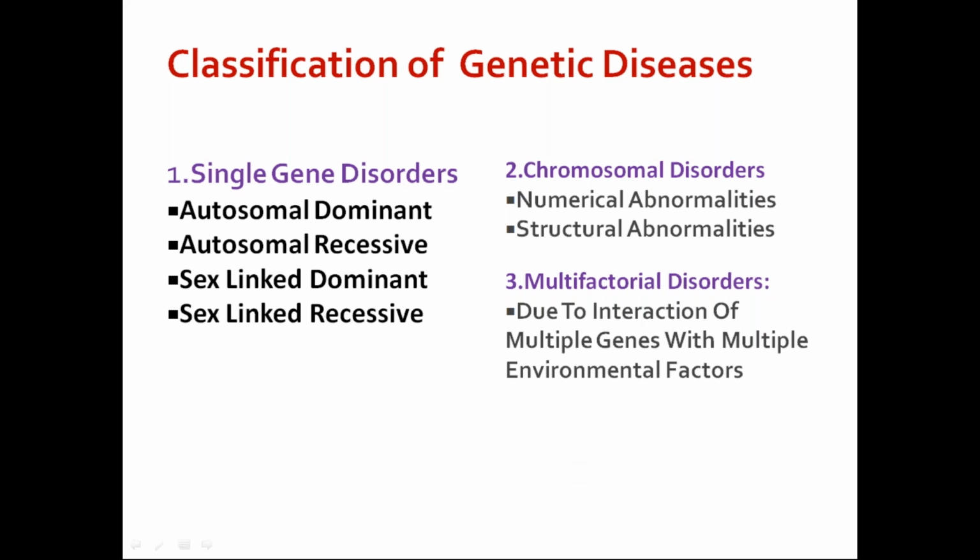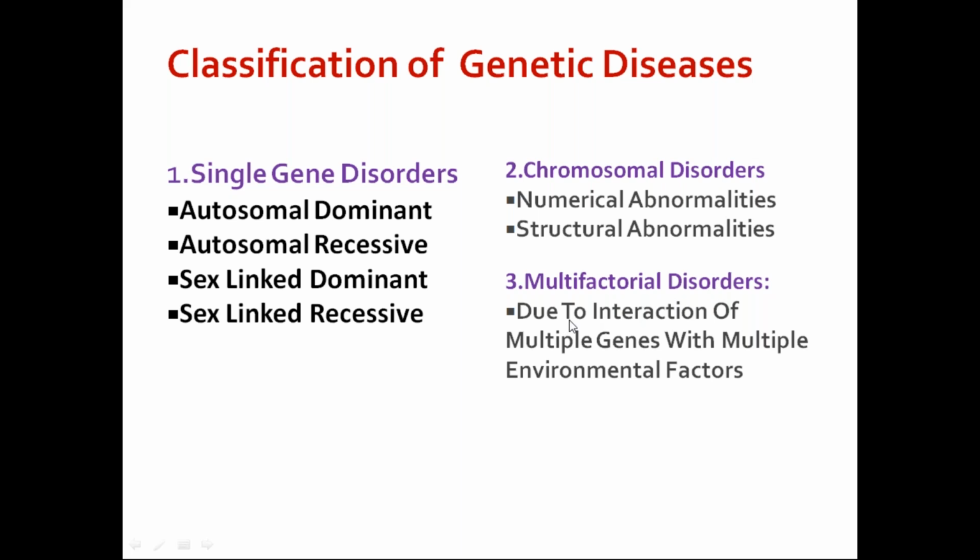Under single gene disorders, we can discuss autosomal dominant disorders, autosomal recessive disorders, sex-linked dominant disorders, and sex-linked recessive disorders. In chromosomal disorders, there are numerical abnormalities like triple X syndrome and Klinefelter syndrome, and structural abnormalities like Down syndrome and Turner syndrome.